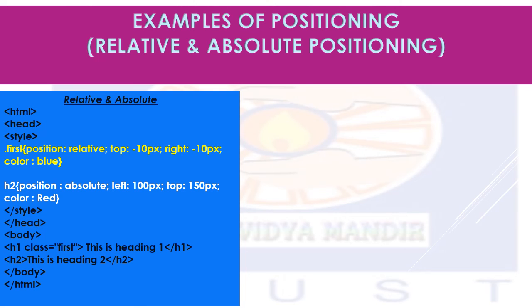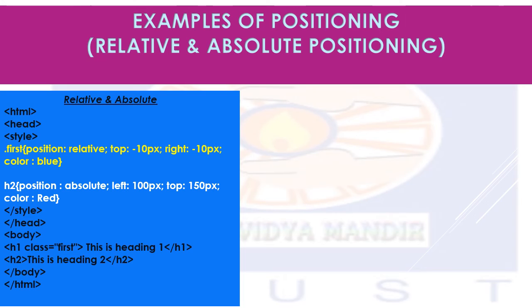In the next selector, that is the H2 selector, you can see absolute position has been defined with the specifications of left and top. In the left we have given the value as 100 pixels and in the top property 150 pixels. We have also used the property color with the value red.